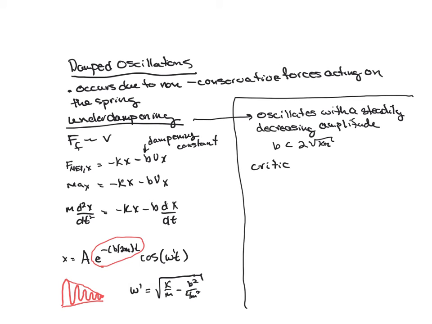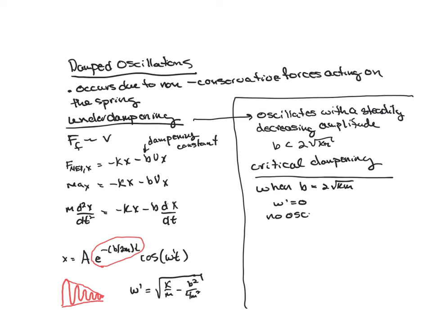We have critical dampening, and this occurs when our dampening constant is equal to 2 times the square root of our spring constant times the mass. There is no oscillation, and so you pull it back, let it go, and it just goes to equilibrium.